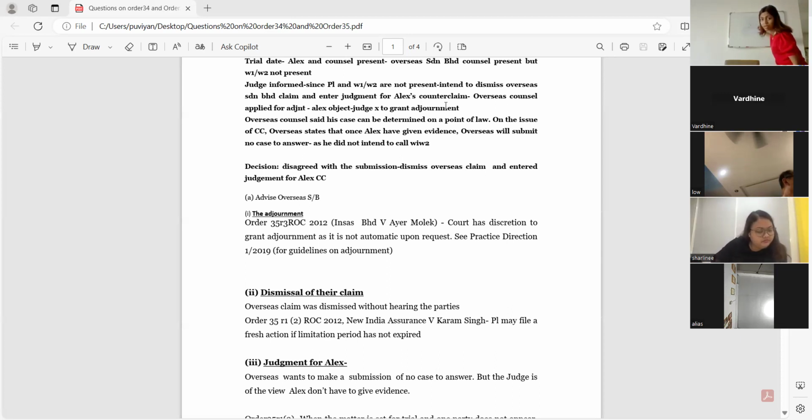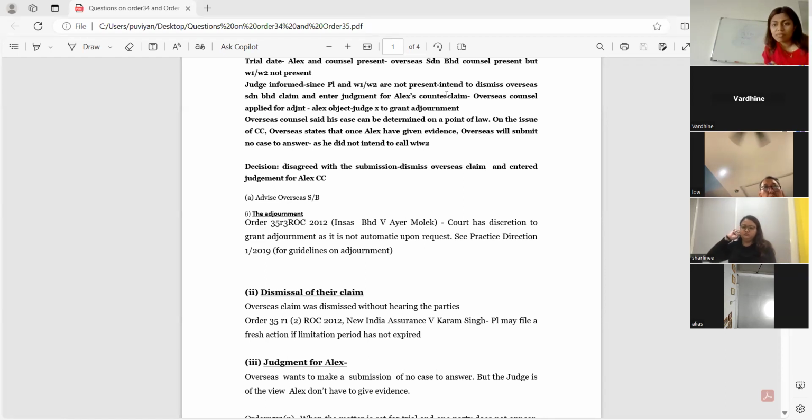On the issue of the counterclaim, you now see. Can you all see the board? Because I can't see you all. Okay. The court has given judgment to Alex.